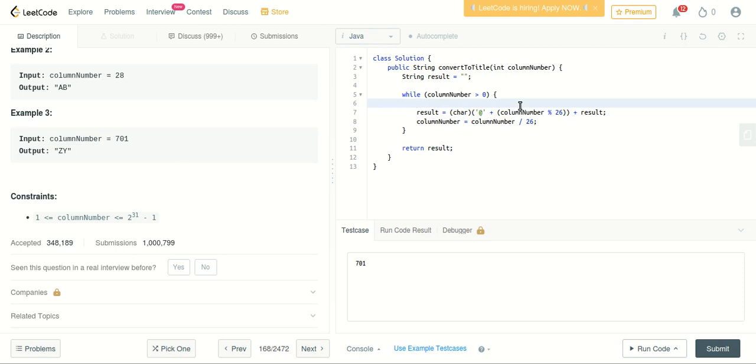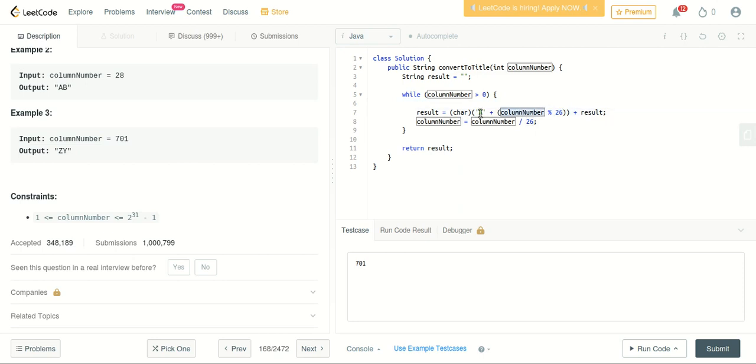So one way we can think of is, let's say we should start from a, but the problem is how would we get a then, right? For that purpose we would need to subtract 1 from the column number, because if it is 1, then we would definitely start from a and go up to 26.